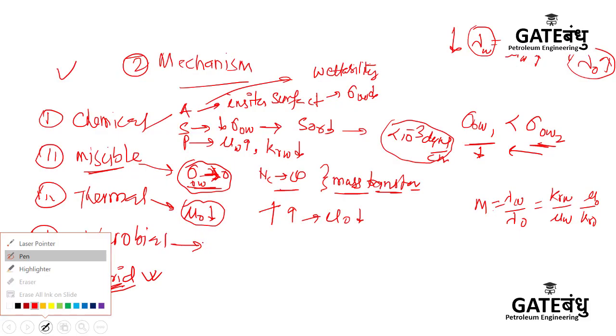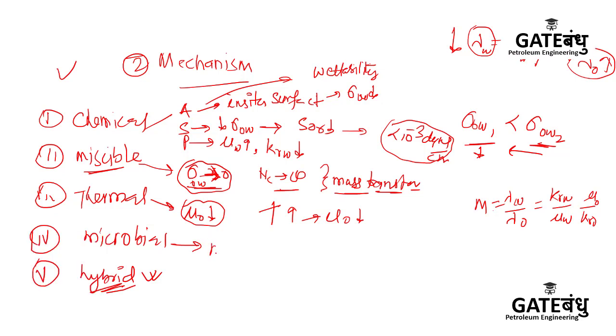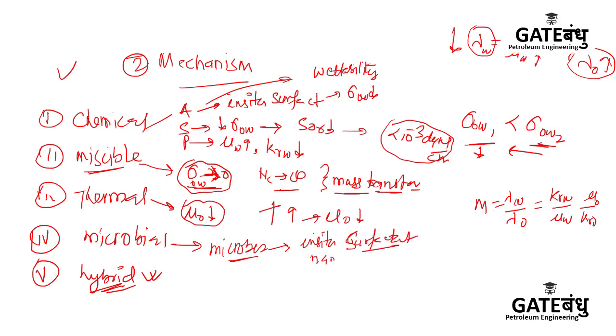Here in microbial, it's the use of biotechnology for the purpose of EOR. Instead of chemicals, microbes are injected, called nano microbes. When injected, they generate in situ surfactant, or they generate nanofilms, biofilms, or they generate alkaline.